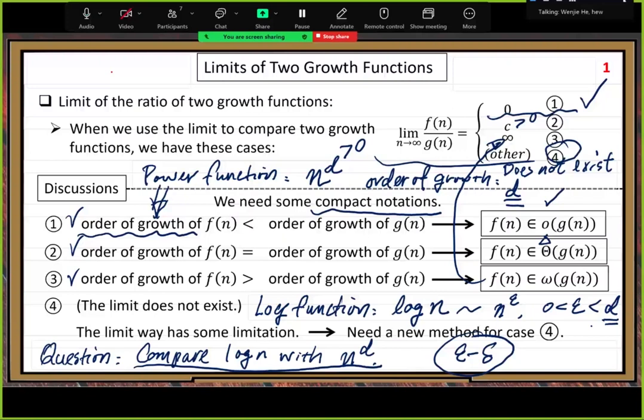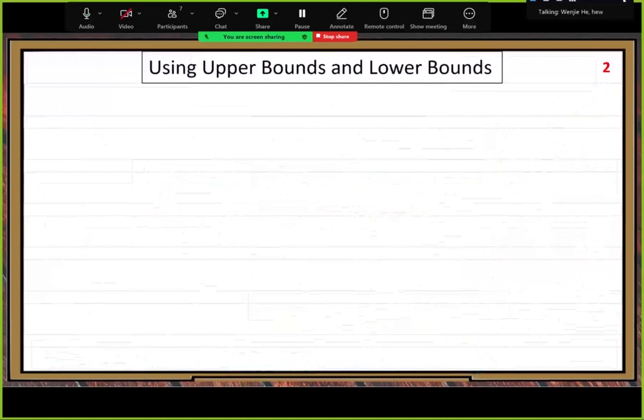Then we use another special way. We avoid limit, because limit does not work. So we do not calculate the limit. What do we do? We use inequalities. We don't do a limit, but we use inequalities to get upper bounds and lower bounds of a function. That way, we compare two growth functions.